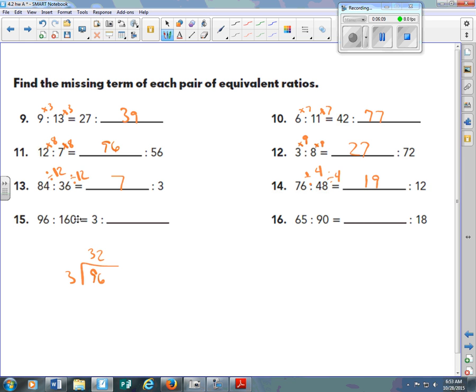So it's divided by 32. And 160 divided by 32. I believe the answer is going to be 5, but let's check it. The answer is 5.